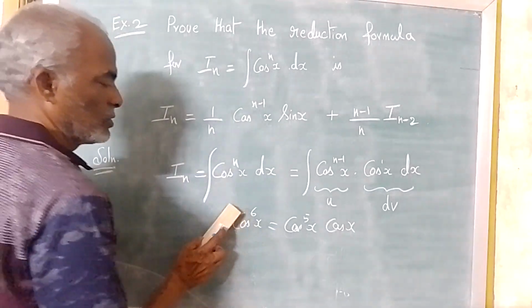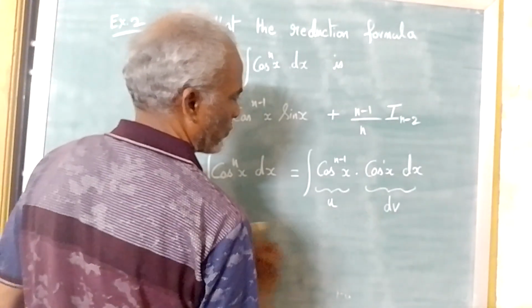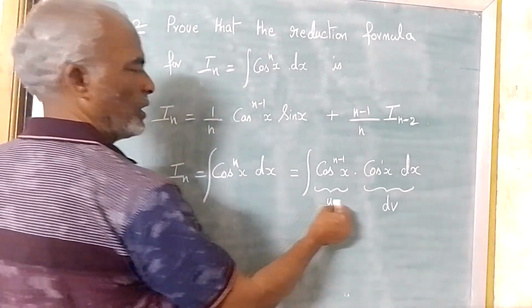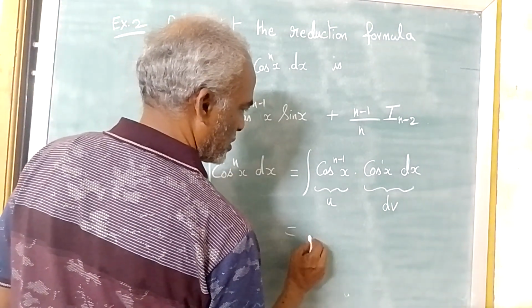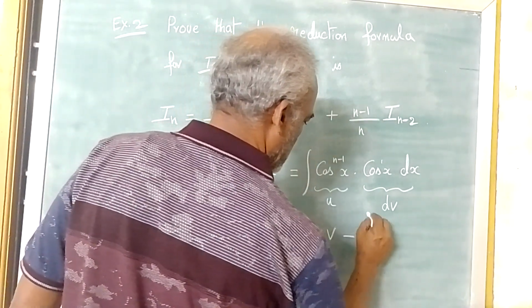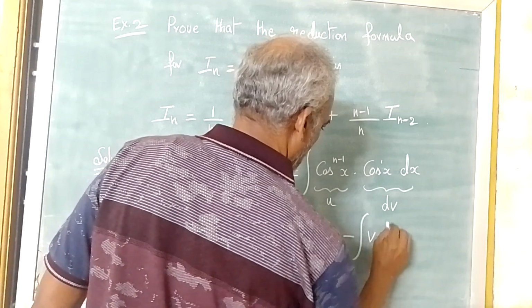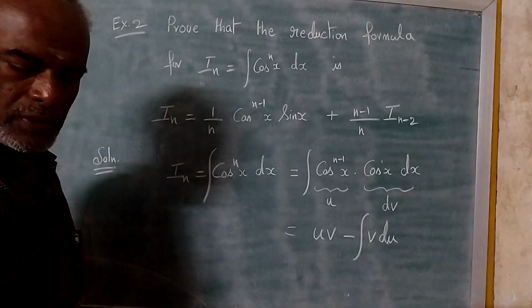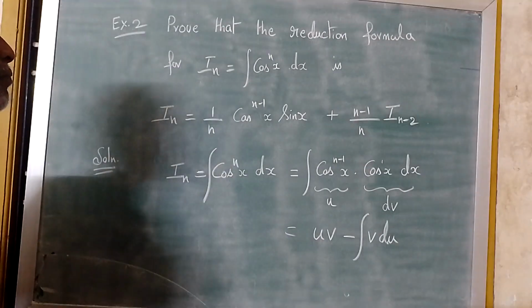Okay, so the next step will be, this is of the form u dv. So we all know that integral u dv is uv minus integral v du. This is integration by parts.